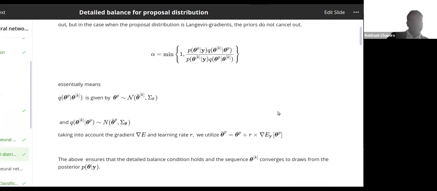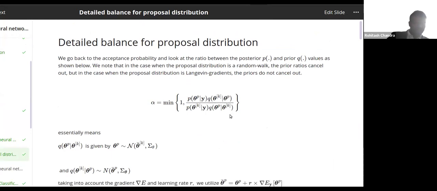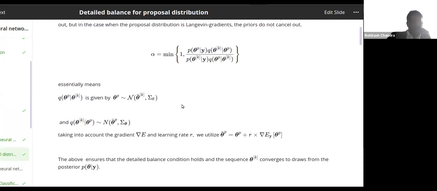So we go back to understanding the detailed balance for the proposal distribution. Again, that's the Q ratio. I've kind of explained it already. And it essentially means we're drawing proposed, and K is the, let's say, current.